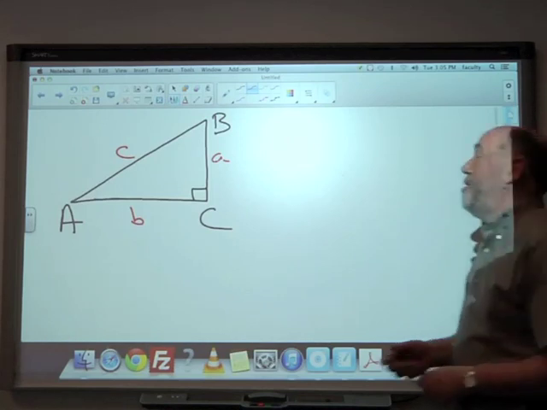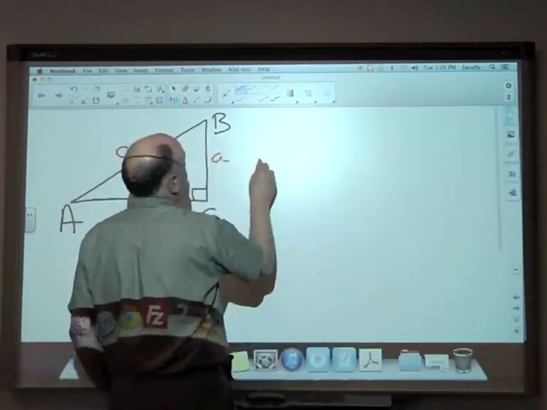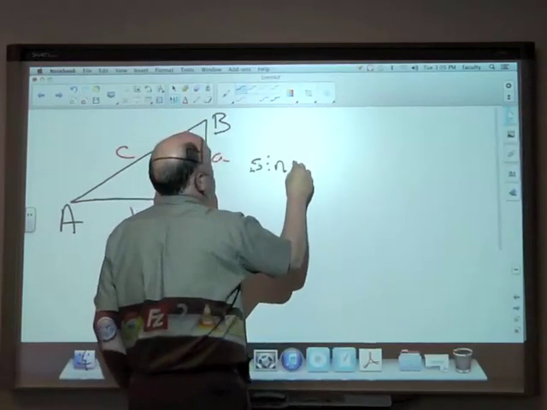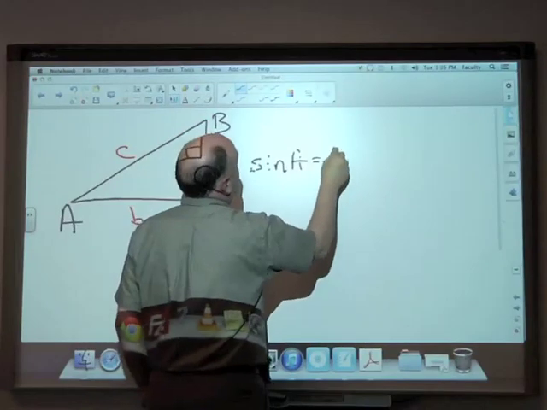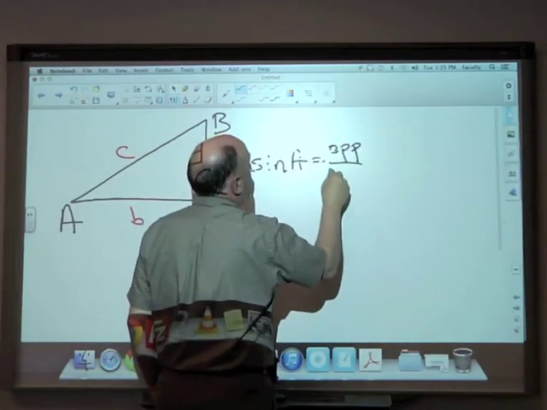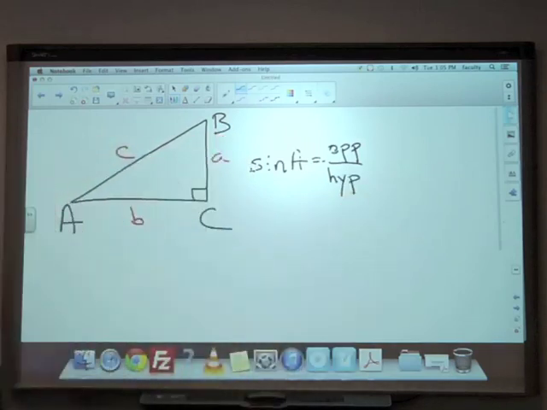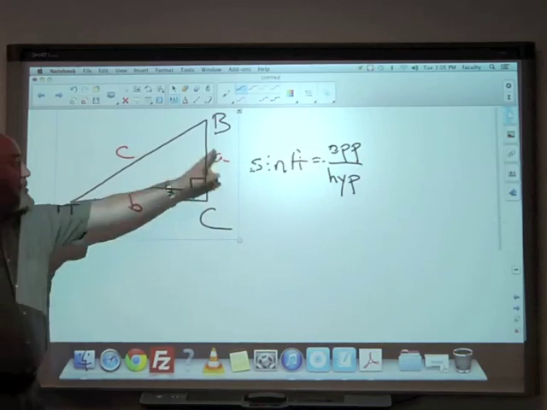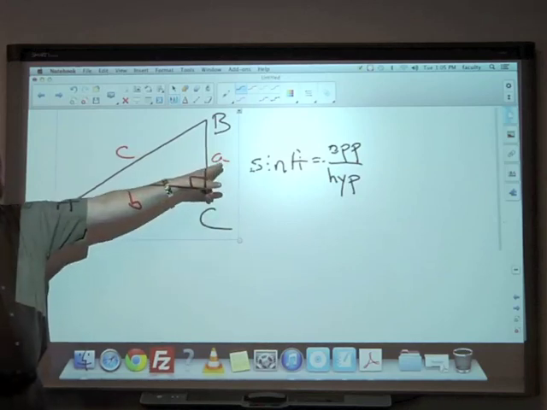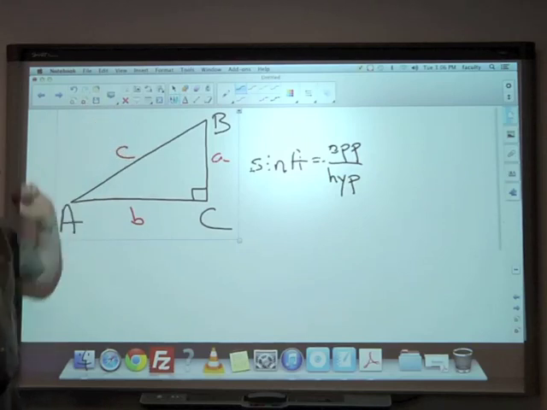All right. So, given this triangle, we can talk about the trig functions. Sine of A is given by the opposite side over the hypotenuse. Relative to A, the opposite side is side A. The hypotenuse is always the side opposite the right angle.